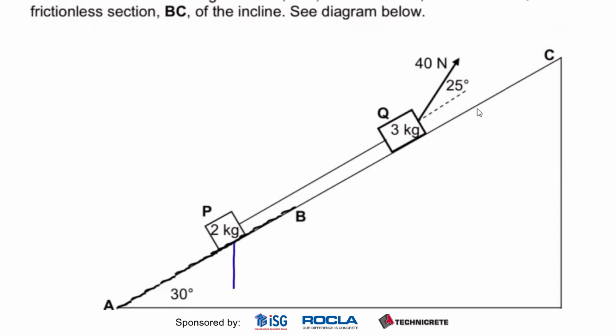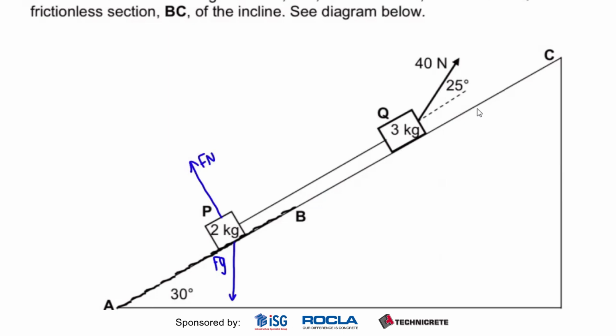So on block P, we've got force of gravity acting straight down. And the force that counteracts the force of gravity is the normal force, which acts at 90 degrees to the surface. So it's going to be acting at 90 degrees to this surface here.